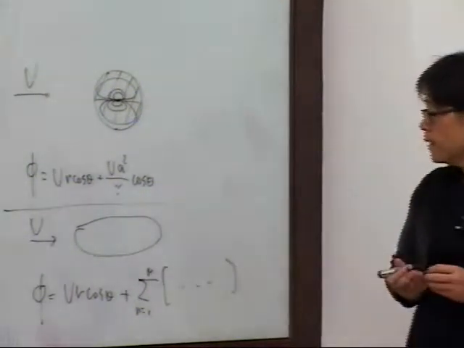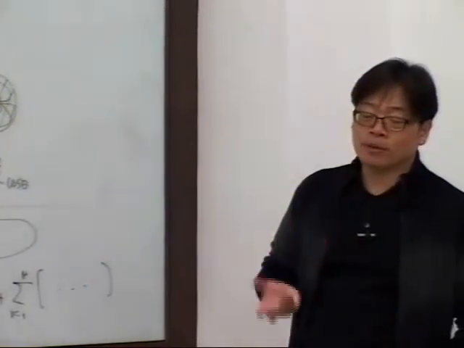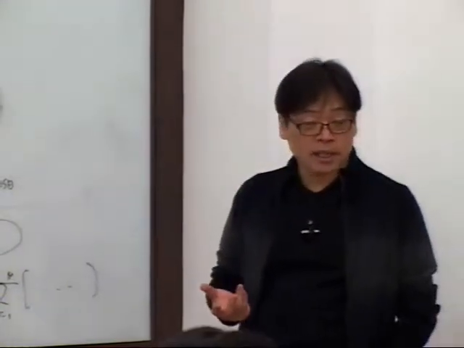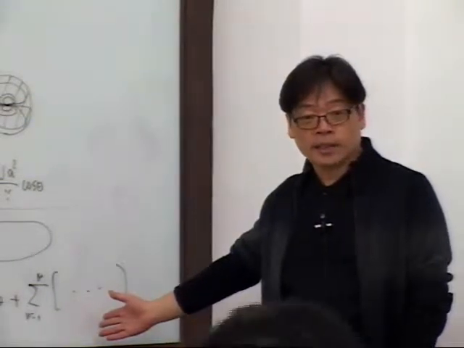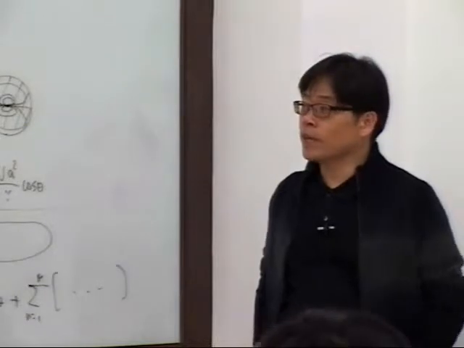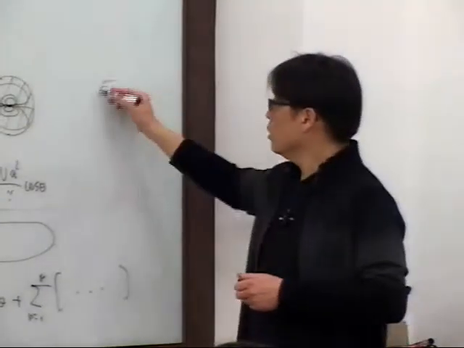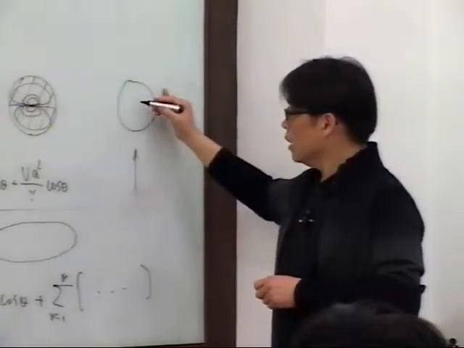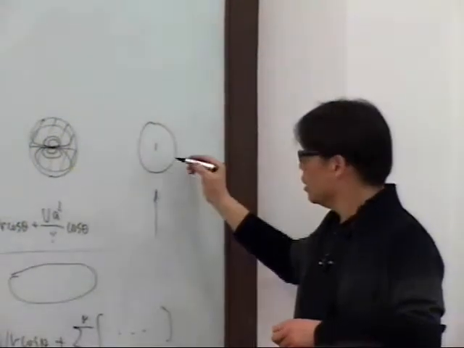And since you have an infinite number of terms, it's not easy to determine all the coefficients analytically, and therefore you have to truncate it, and then you have to determine the B sub n and D sub n. And also when you have a flow like this, then you have to align the dipole in the y direction.